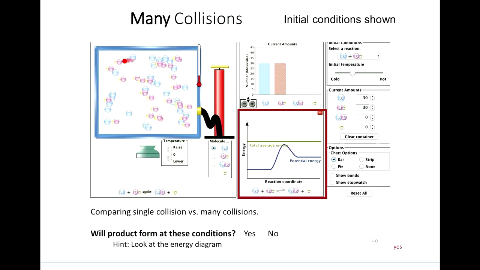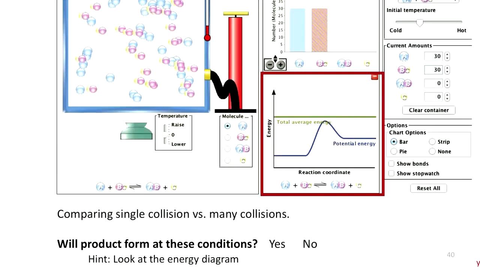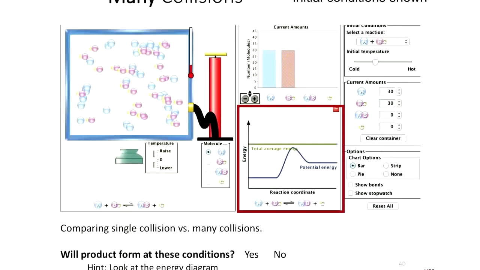So if we think about this sample where there's tons of reactant particles colliding with one another very, very often, what we want to do is look at the average kinetic energy or the temperature of that sample and recognize that where that kinetic energy is will dictate whether a reaction happens or not. So just like before, but this time it's for a many collision system.